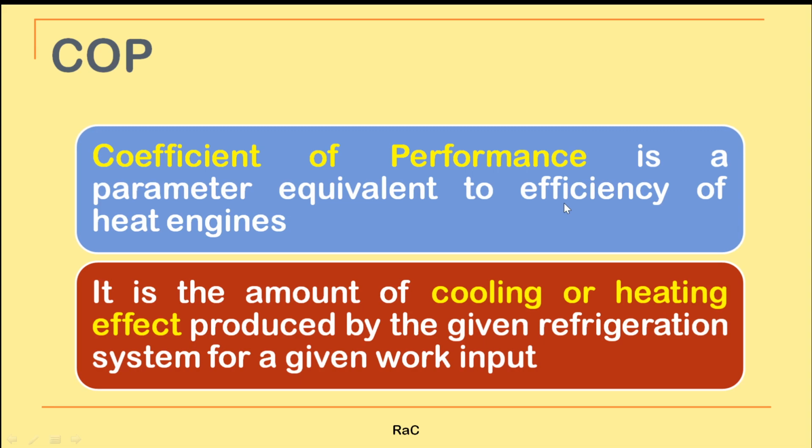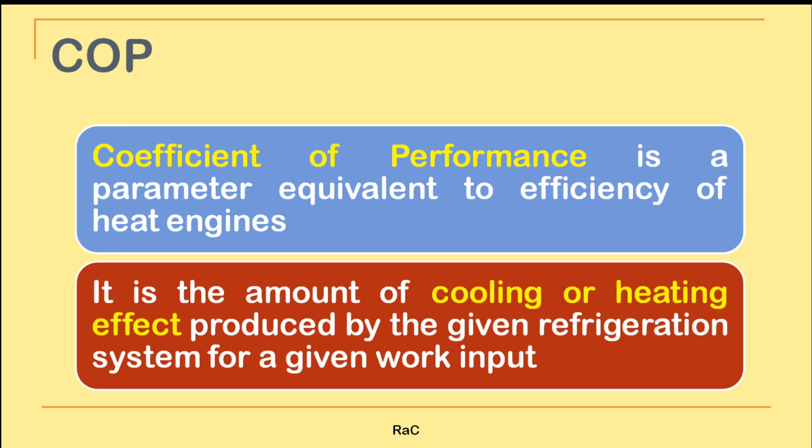Now, let us define COP or coefficient of performance. It is a parameter equivalent to the efficiency of heat engines, as I mentioned earlier. So you know what thermal efficiency is in a heat engine. You may have studied it in thermodynamics. So COP is the amount of cooling or heating effect. It is the cooling effect in a refrigeration system and the heating effect in a heat pump.